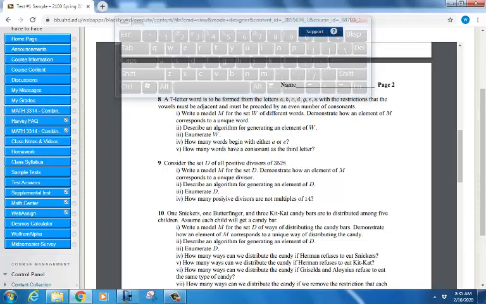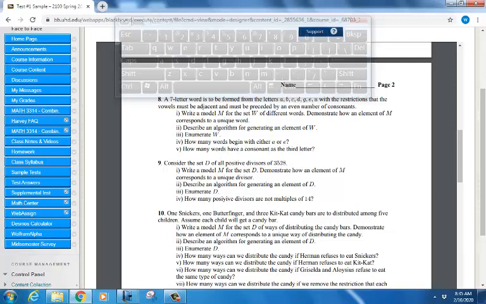Here's a pretty simple counting problem. We've just started talking about these examples, but we have a lot more examples to look at. It wants you to form a 7-letter word from these letters, just simple letters.